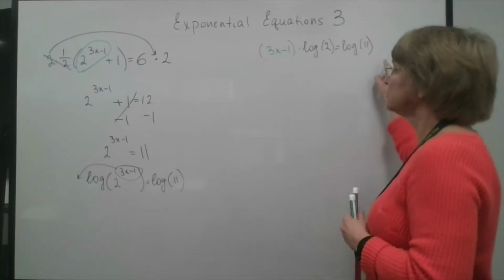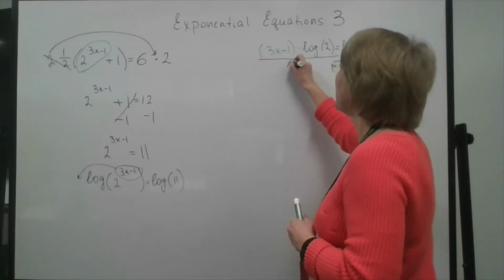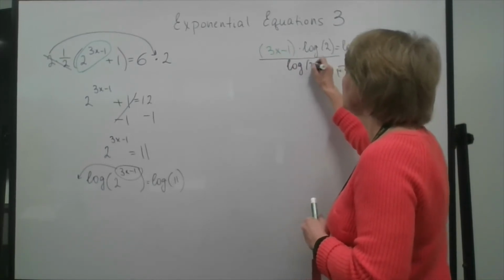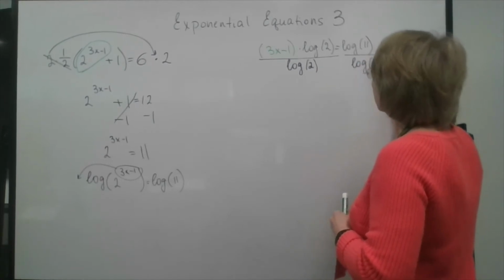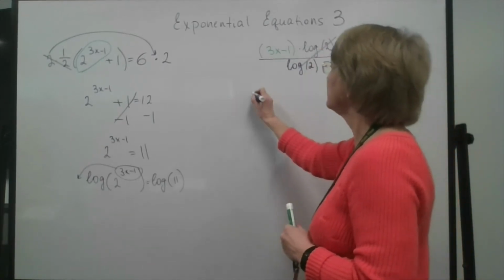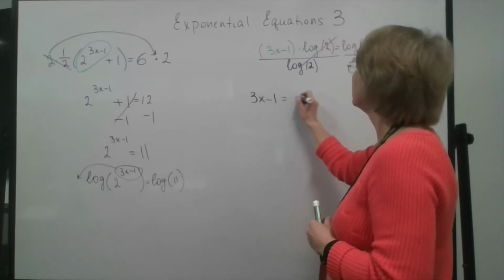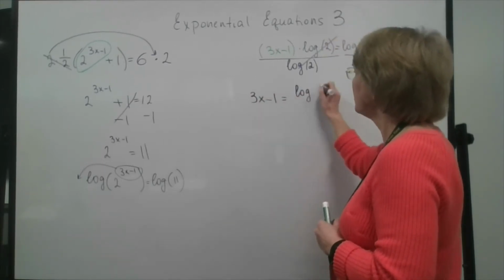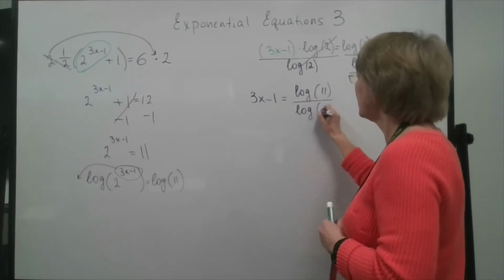This is a linear equation. To solve it, we have to divide by logarithm of 2. This will cancel out. Now we have 3x minus 1 is equal to logarithm of 11 divided by logarithm of 2.